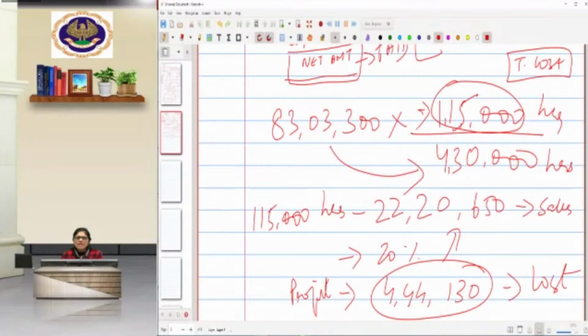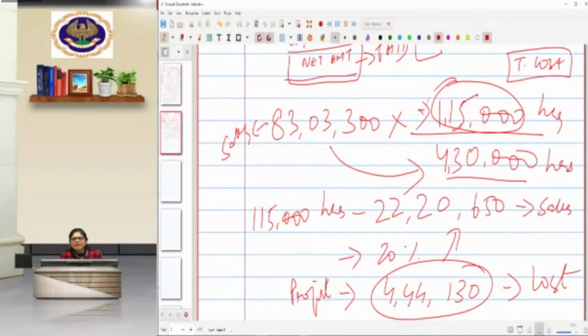I'm repeating: 83,03,300 was the sales which were due to 4,30,000 productive hours. So how much should be the sales which we lost due to 1,15,000 unproductive hours? How have we come to 1,15,000? 1 lakh hours were totally lost due to training delays, and out of 4,45,000, 15,000 were unproductive.